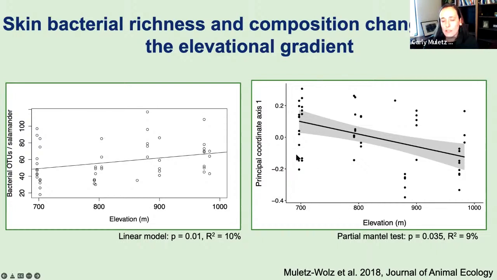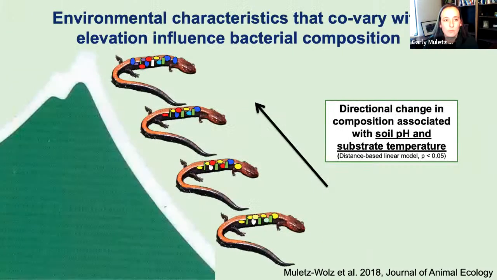And then this is looking at community composition, looking at the principal coordinate axis of composition against elevation, in which we see a directional change in the microbiome across elevation. So what we found is that environmental characteristics that co-vary with elevation influence bacterial composition.